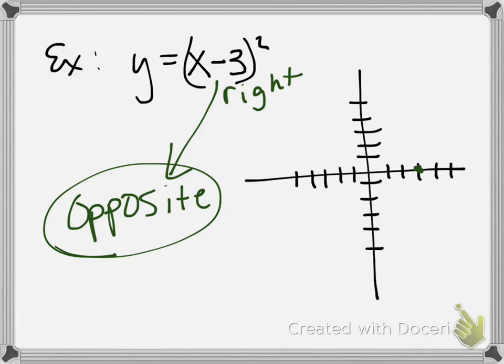I can go up 1 to the right and up 1 to the left if you want a little guide. And then I'm just going to curve this up to make a U. So x minus 3 in parentheses squared. The square tells us that it's a parabola, and x minus 3 tells us that it's been shifted to the right 3 places.